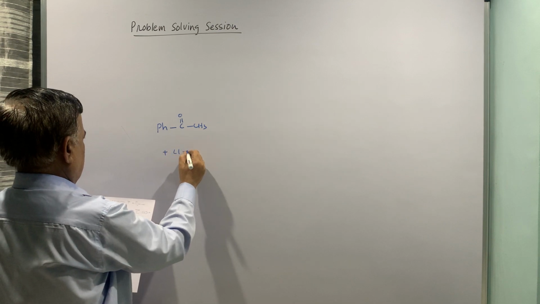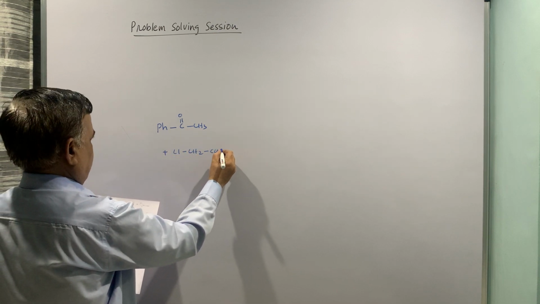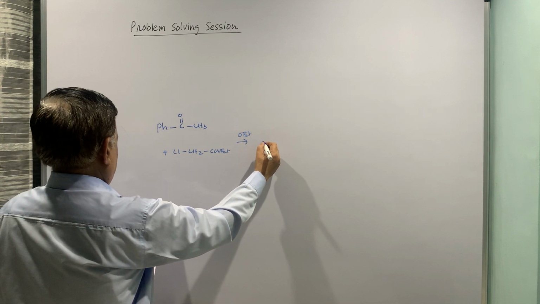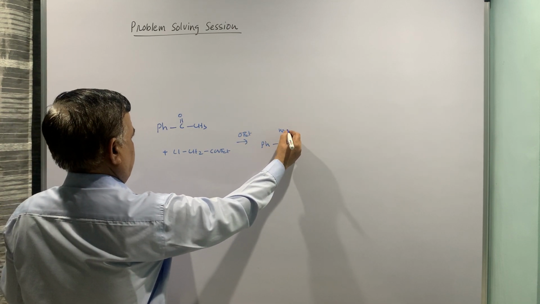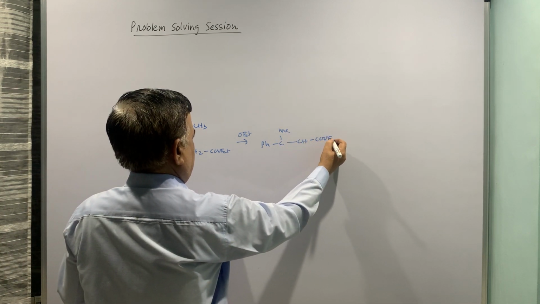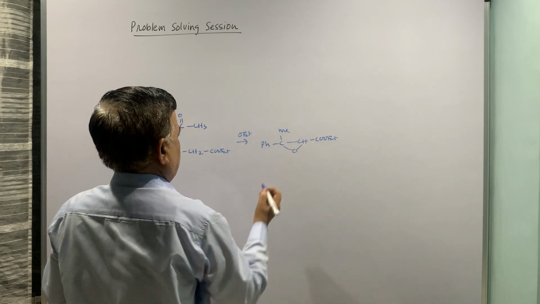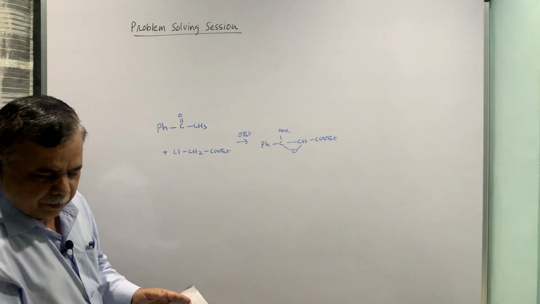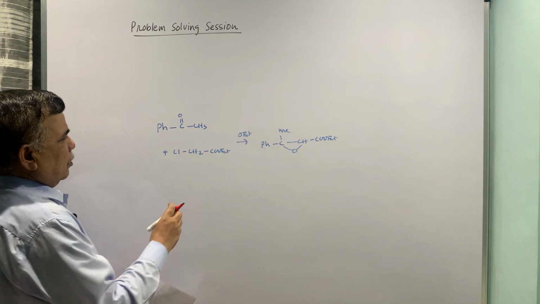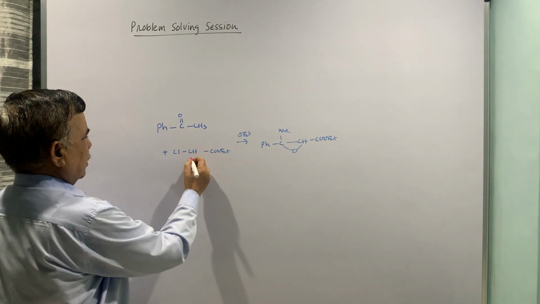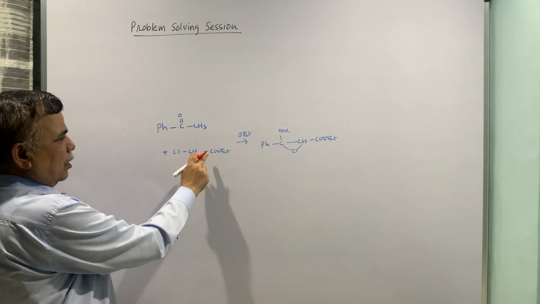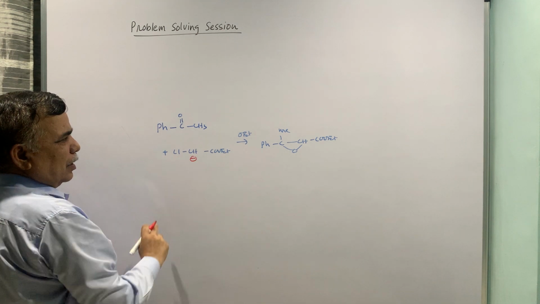Plus ClCH2COOEt, CMe, CH COOEt, epoxide. That is the overall thing. So initially this proton is abstracted because it has got 2 electron withdrawing groups on either side.